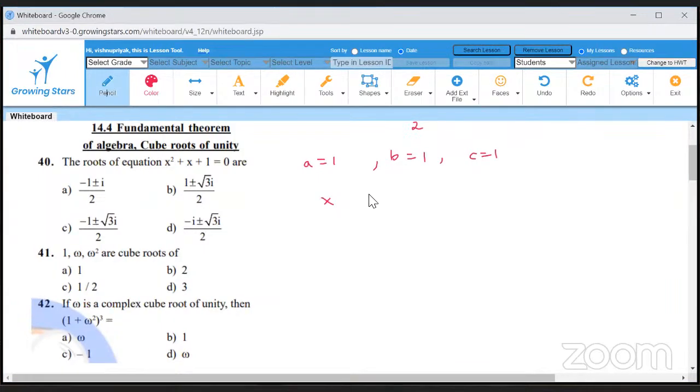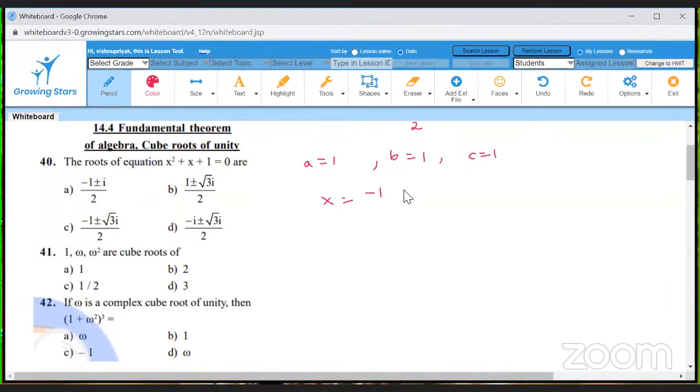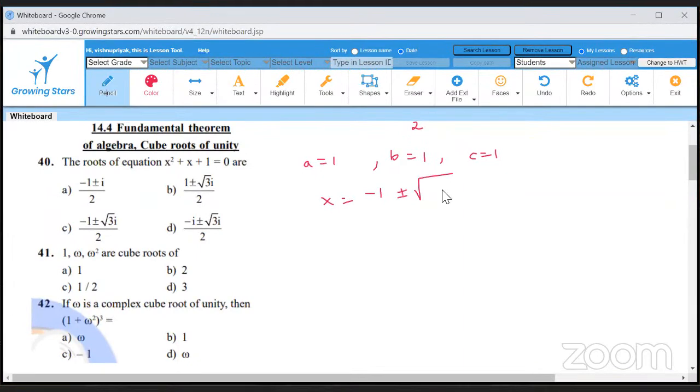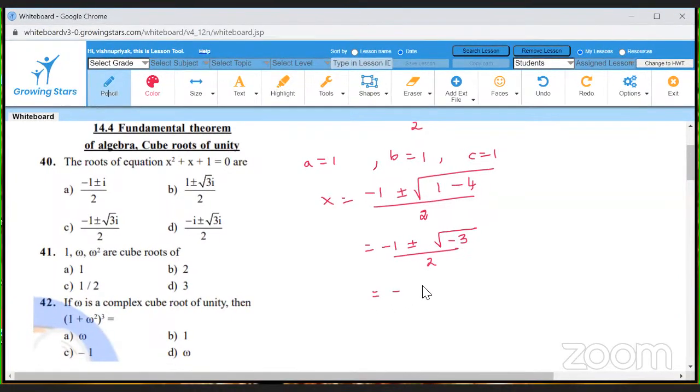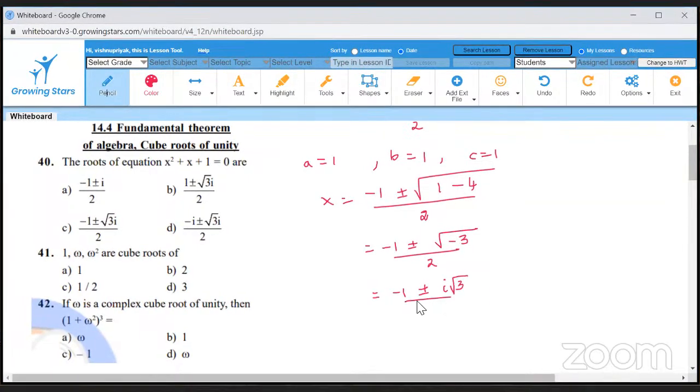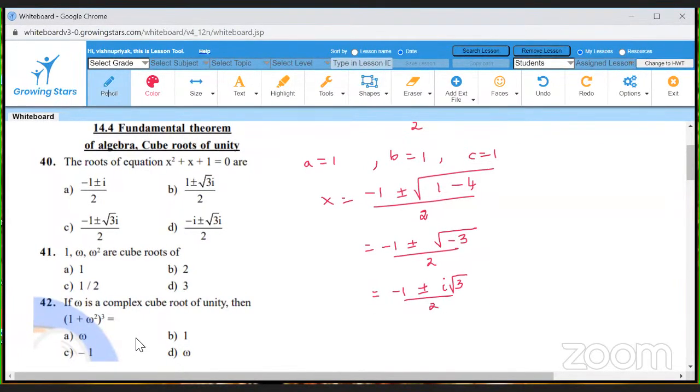So X will be (minus B plus or minus square root of B square minus 4AC) by 2A. Minus 1 plus or minus root of minus 3, by 2. Root of minus 3 means it is I root 3. So minus 1 plus or minus I root 3 by 2.